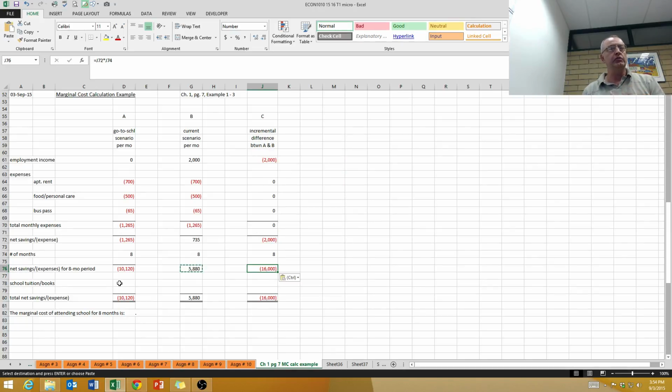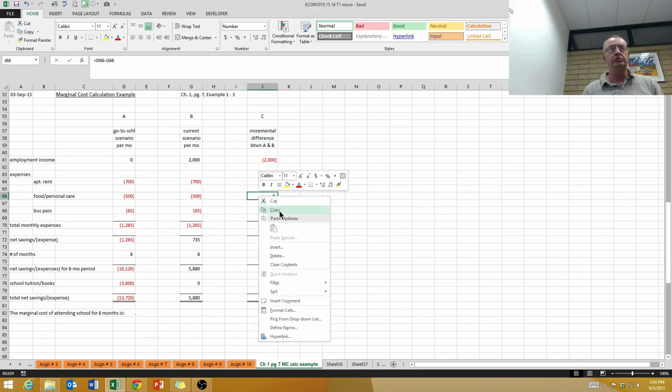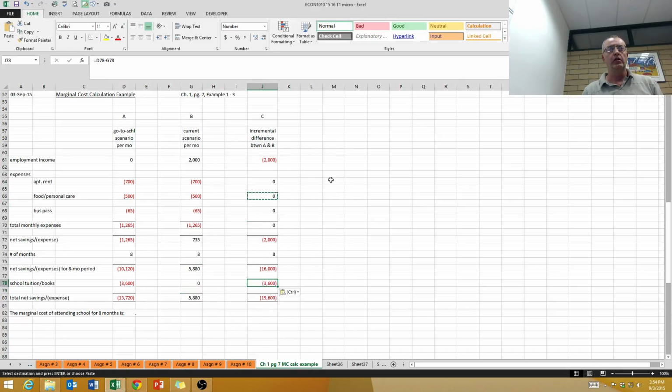Then if she goes to school, she has to buy books and pay for tuition, because that's a one-time expense. So that's $3,600. And if she continues to work, obviously she's not going to have any school expense. The difference between those two scenarios is the cost of going to school, the $3,600. If she continues in her current situation and continues to work, at the end of the 8-month period, she'll have an increase in her net savings of $5,880.